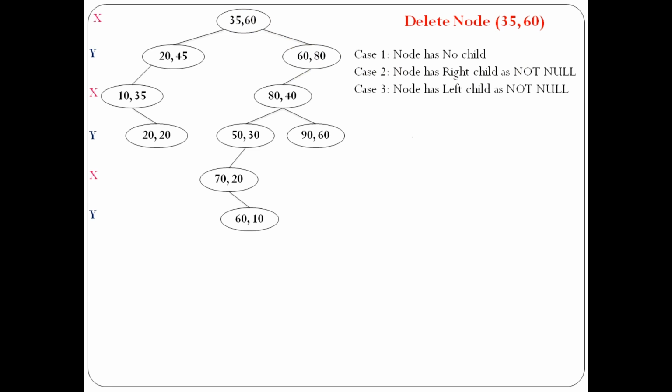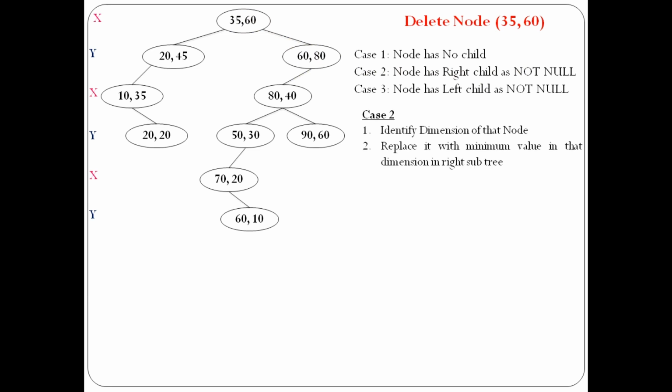So what does case 2 say? Case 2 says first identify the dimension of the node to be deleted, and then replace it with the minimum value in that dimension in the right subtree. It is observed that (35, 60) is present in the x dimension. So we have to find the minimum value in the right subtree.